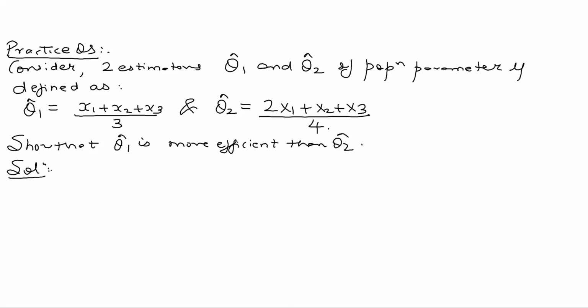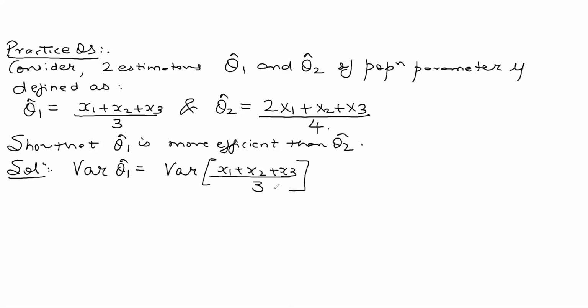So let's see how we show this. So let's first find variance of theta 1 hat. Variance of theta 1 hat will be variance of x1 plus x2 plus x3 by 3. This is what our variance comes out.